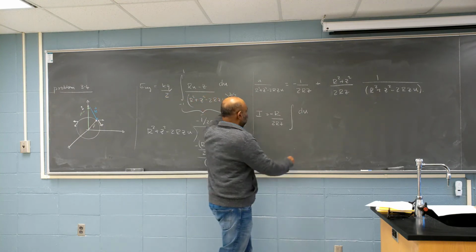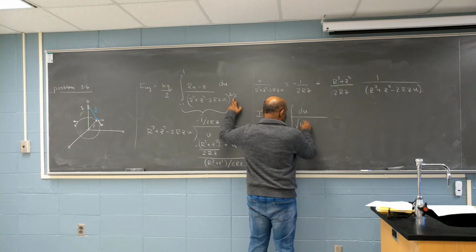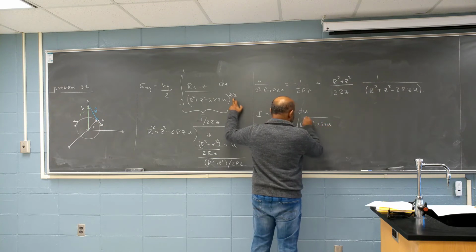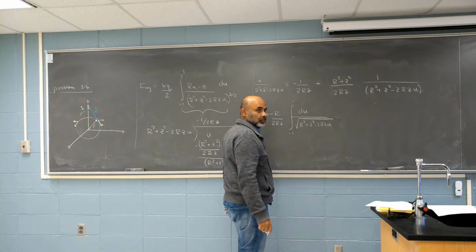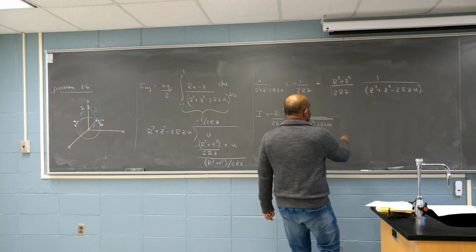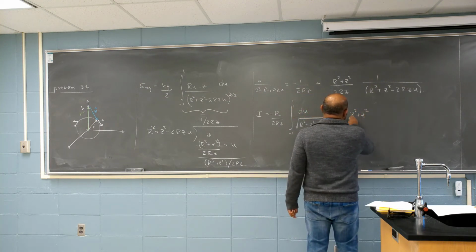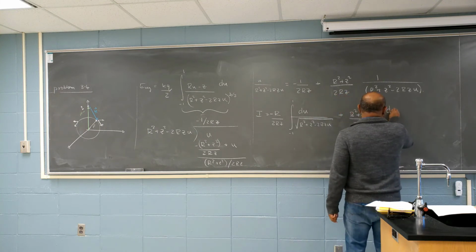So there's a 1/2 left. Then I have r squared plus z squared over 2rz du.